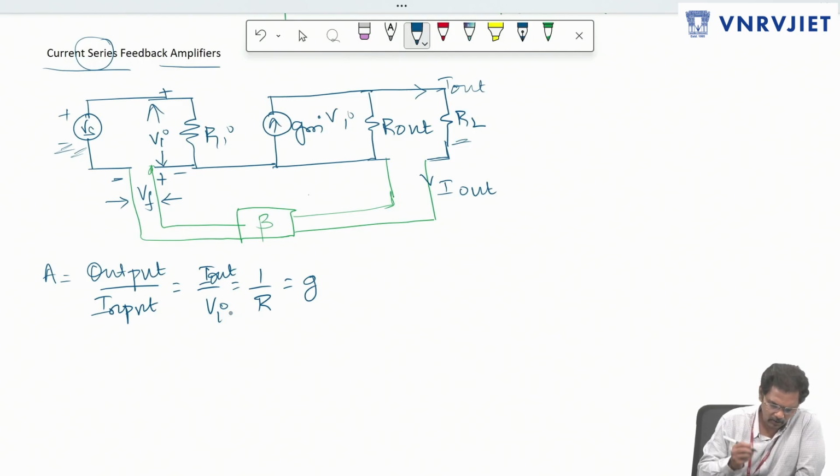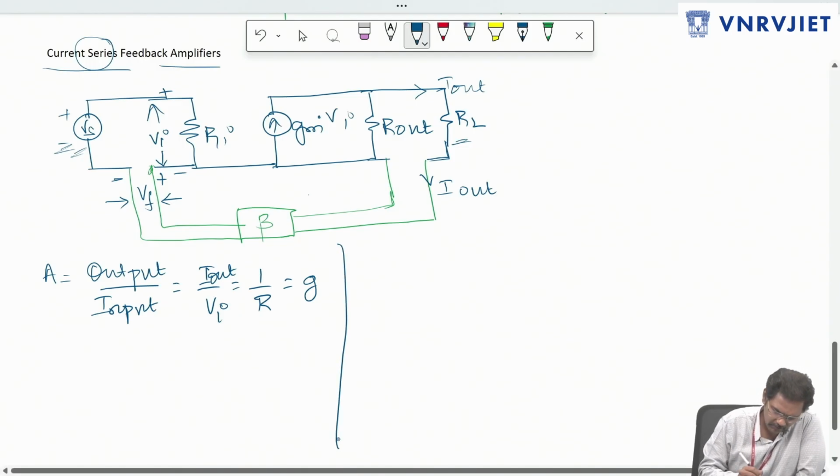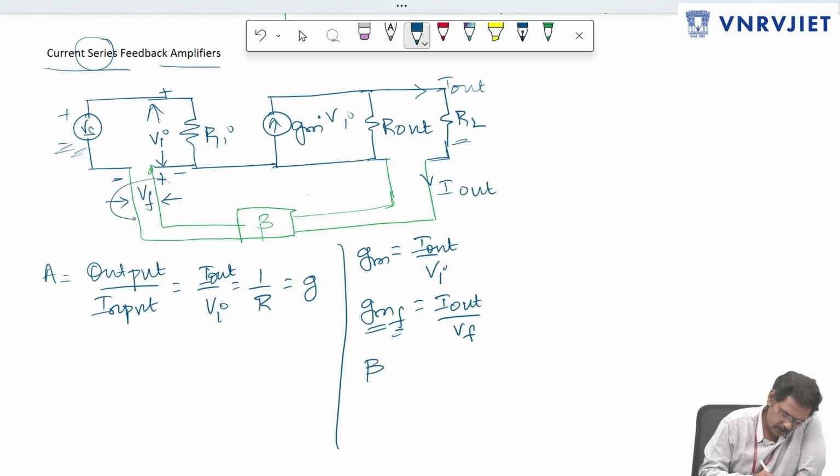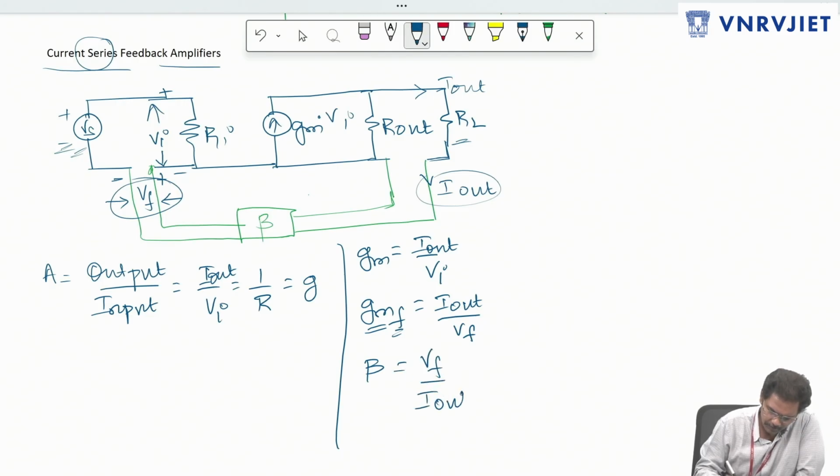Now let us apply the same concept to this. The first thing I'm going to get is Gm, that is I out divided by V in. Then I'm going to calculate Gmf, the gain with feedback, that is I out divided by Vs. Then beta, where the output is Vf and the input is I out, so beta is Vf divided by I out.